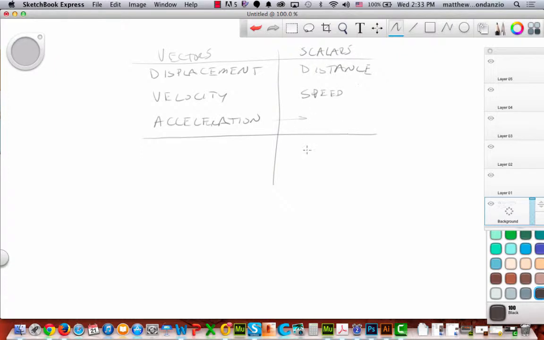Okay. A scalar is essentially a magnitude. Okay, it's an amount, like an absolute value. Okay. A vector is a magnitude plus a direction.